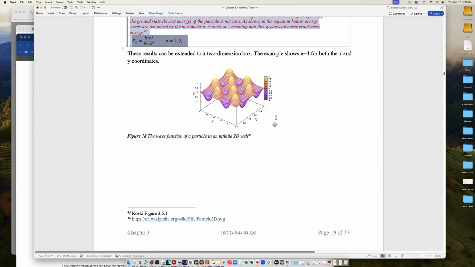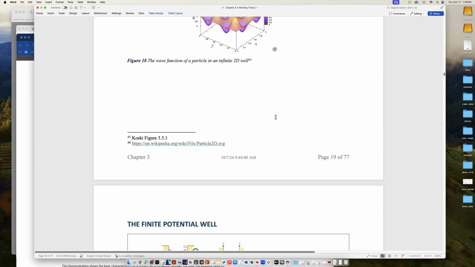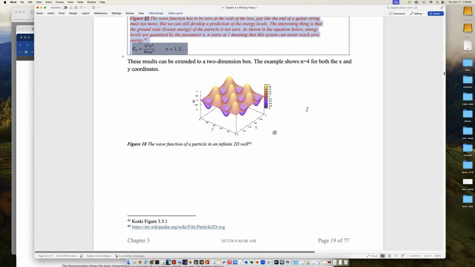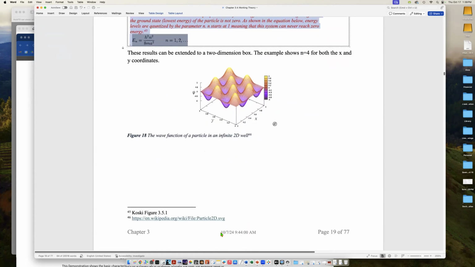This is the first time I've taught from the book I wrote for this course, so you'll see little changes every once in a while. You can always check here. This is the date of printing of this chapter, and make sure the version you have is the latest version.